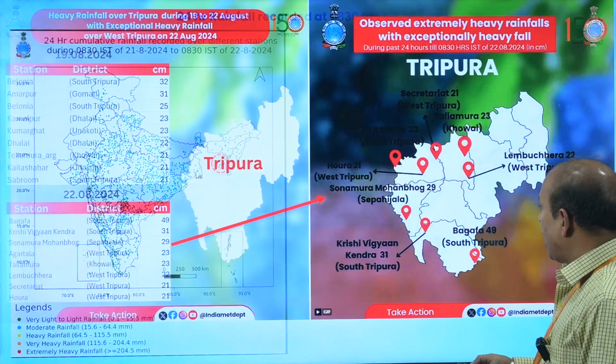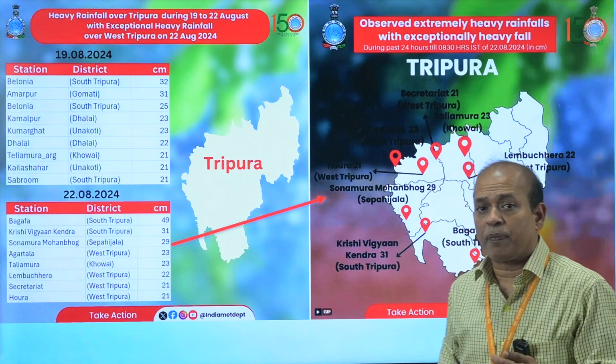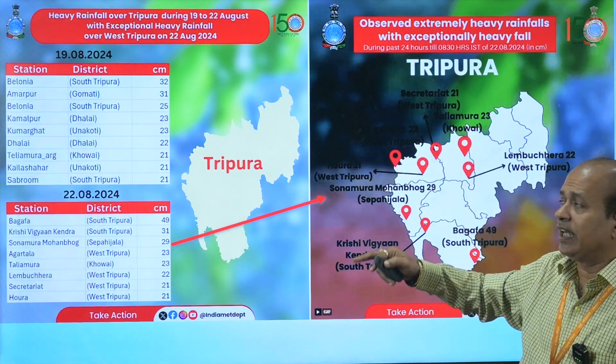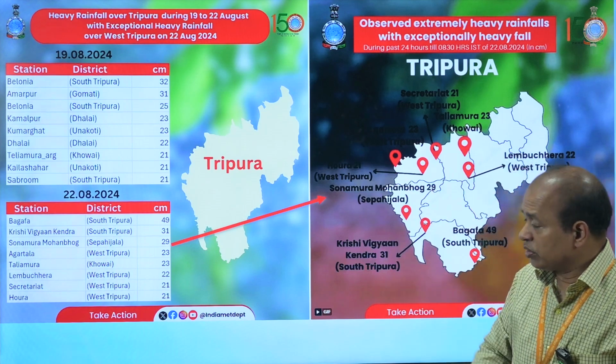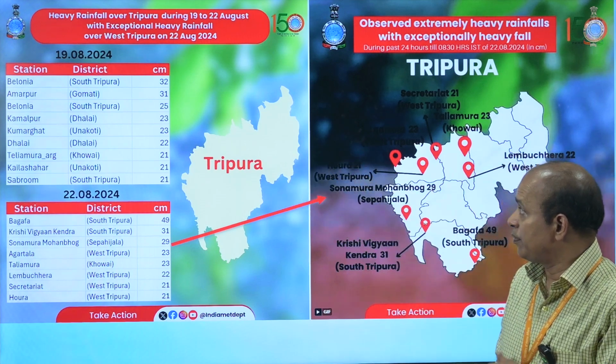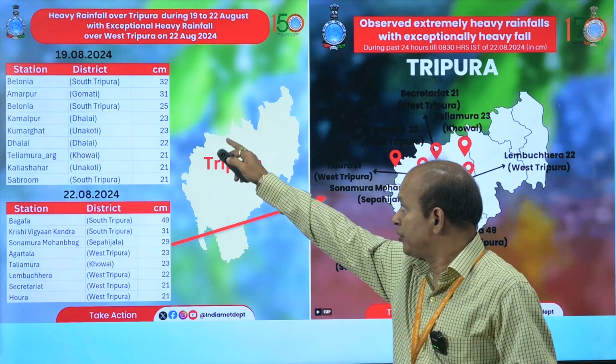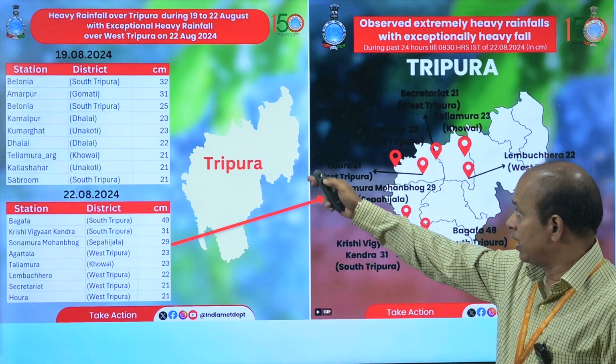And if you see how the rainfall was distributed over Tripura, particularly during the last 3 days, 19 to 22nd, this is the stations' recorded rainfall. On 19th August you can see many stations over Tripura with very high rainfall.